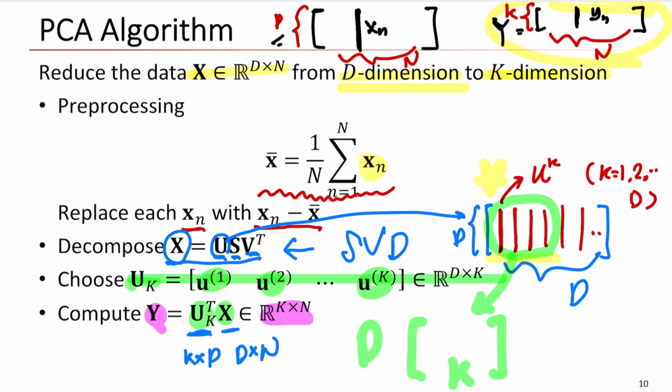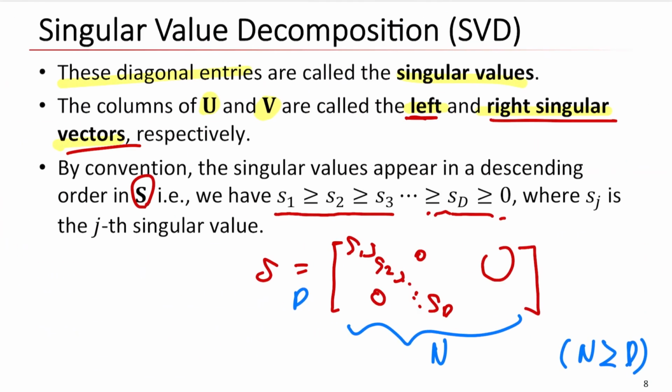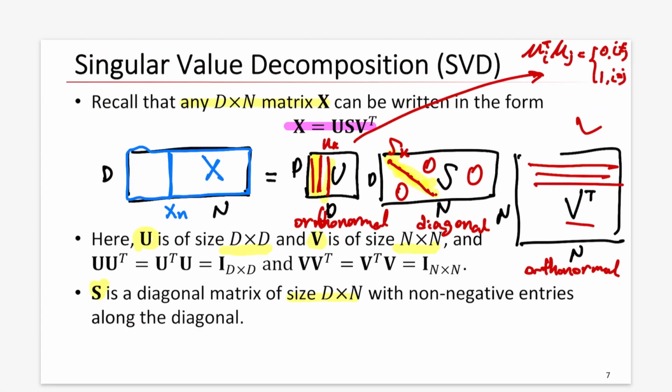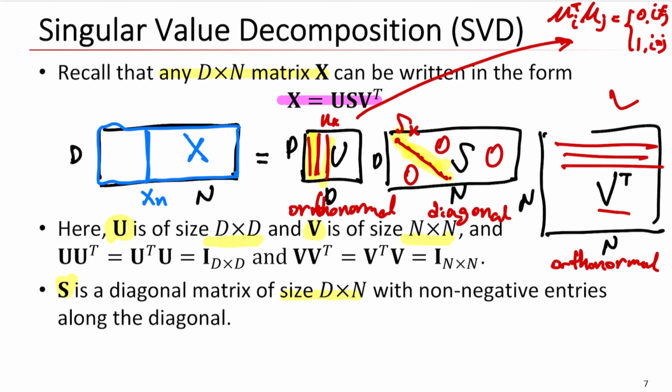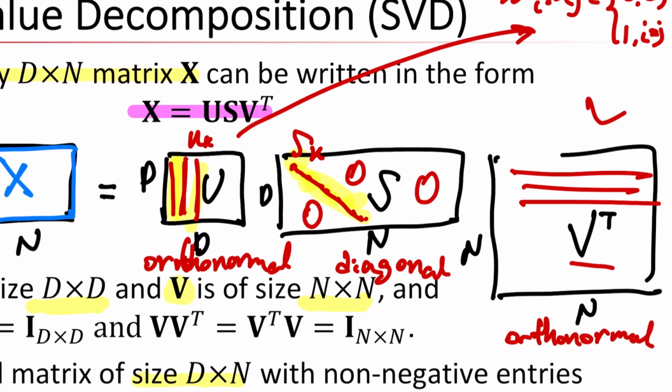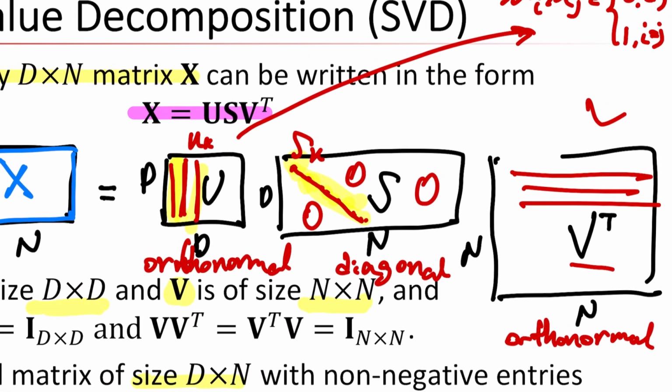Actually, this is due to a property of the SVD. In SVD, the main, very important information is in the first few vectors. What does it mean?